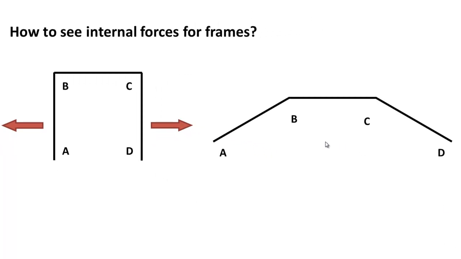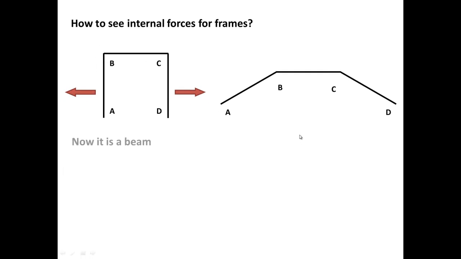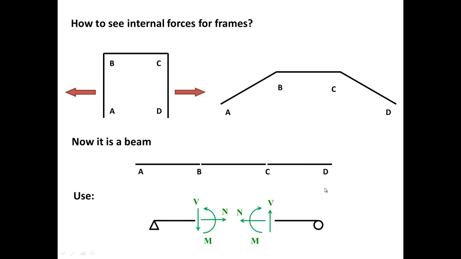An intermediate step is going to be the one shown right now, but eventually if I keep stretching, I'm going to end up having a horizontal beam. So I can use the same convention, the same way we looked at the internal forces for the beam in the previous slide.